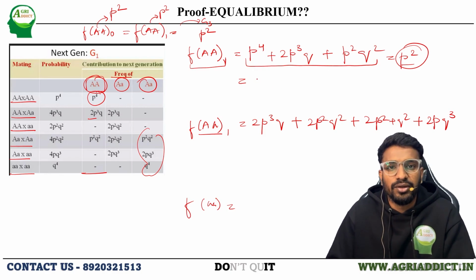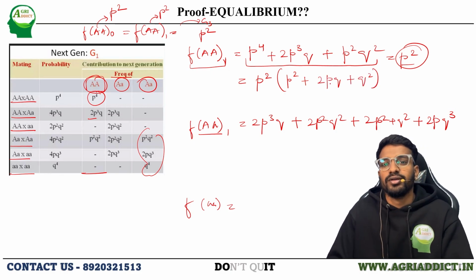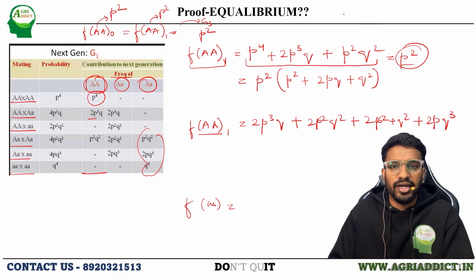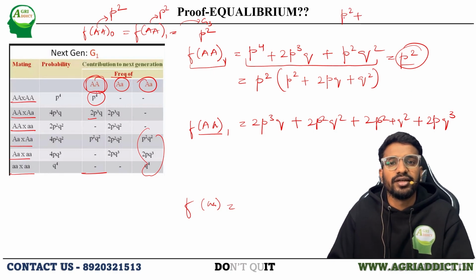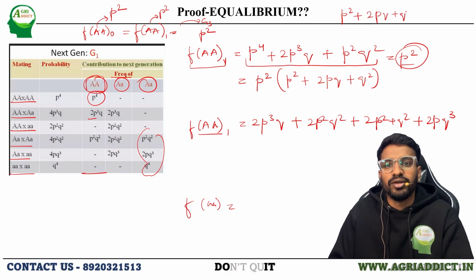Here, if I take p square as common, since p square is in all of these terms, it would be p square times p square plus 2pq plus q square. We already know from the Hardy-Weinberg equation that whenever the population satisfies the conditions mentioned in the previous slide, p square plus 2pq plus q square is equal to 1.